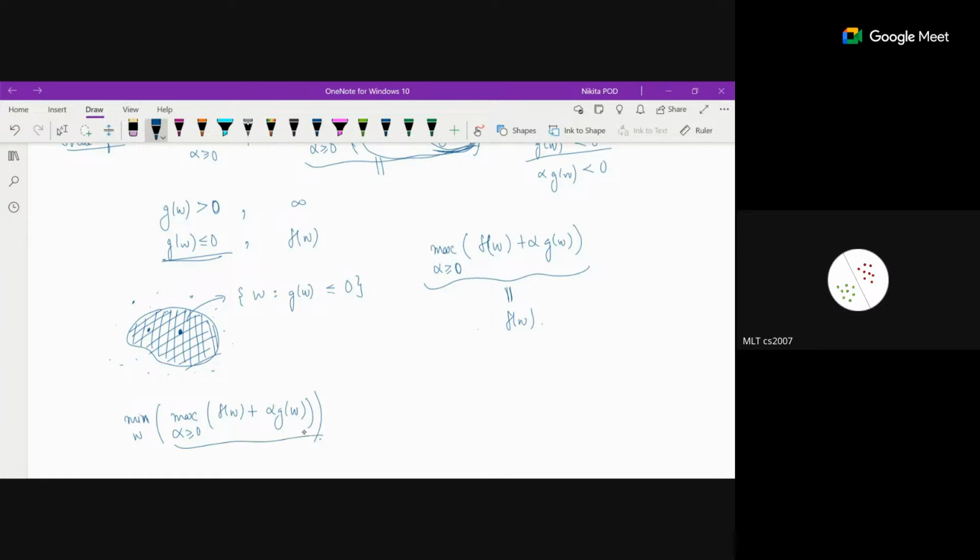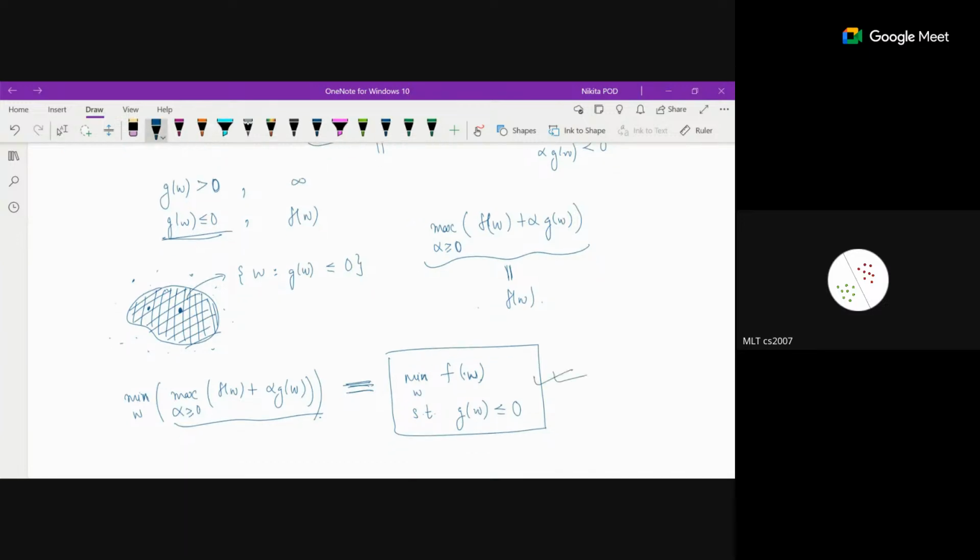So now if we want to minimize over w, this becomes equivalent to min of f of w over w, such that my g of w was less than or equal to 0, right?